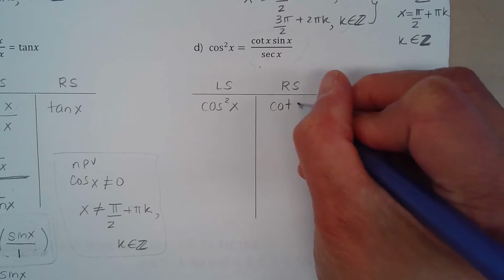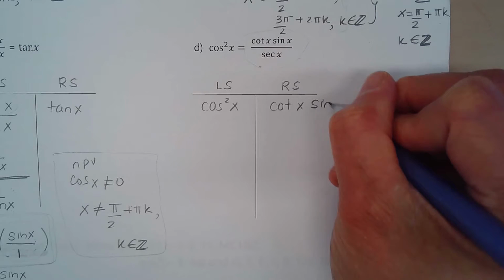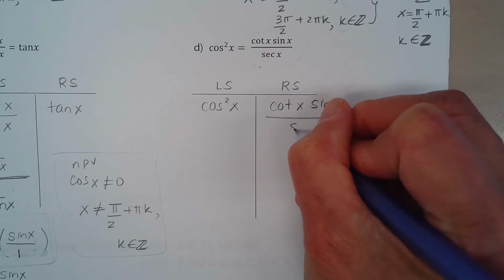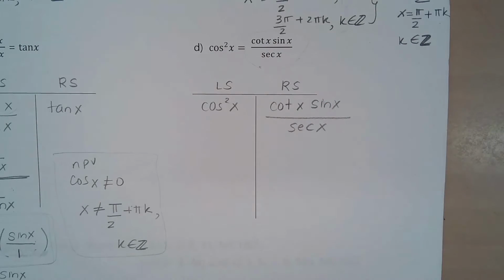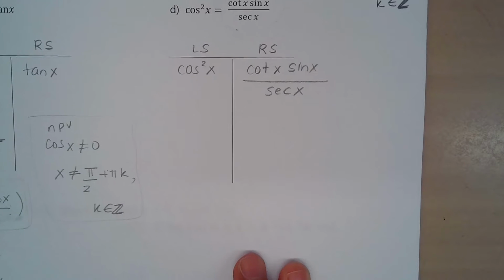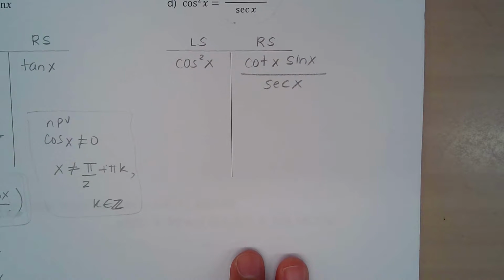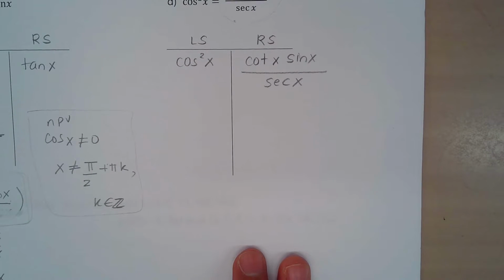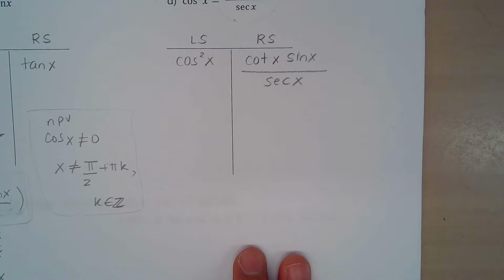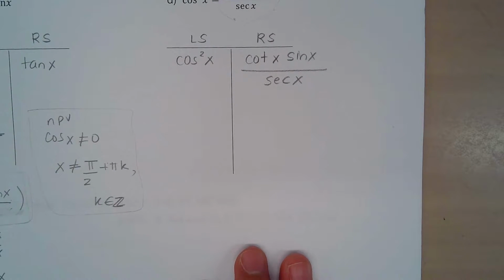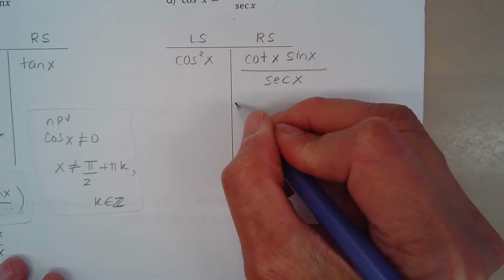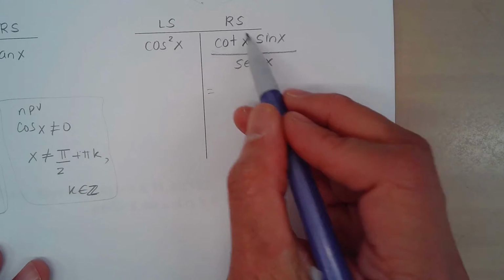Let's see this one. Cotangent of x times sine of x over secant of x. So how do we work this out?